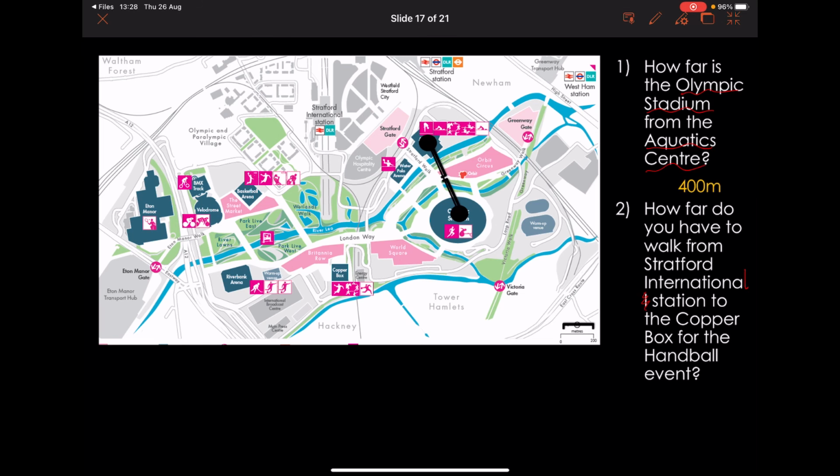How far do you have to walk from Stratford International Station, which is there, to the Copper Box for the handball event, which is there? We'll draw a line and we'll see how many of those fit in there. Now, when I did this, 4 fit absolutely perfectly, so I don't know what's gone wrong with my presentation here, but I know that it was 4.